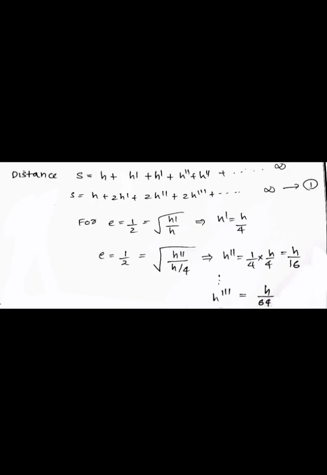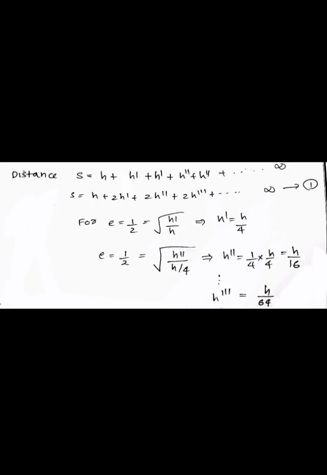So here it is given that E is equal to 1 by 2. This is equal to square root over h dash by h. So we can write h dash is equal to h by 4. Similarly, we can write E is equal to half.